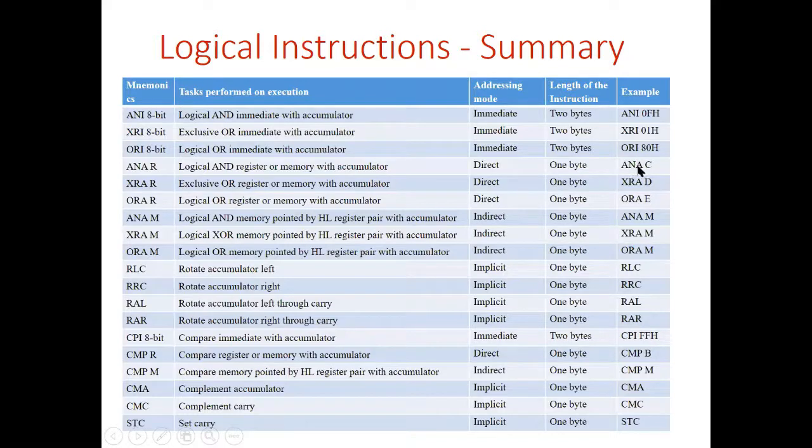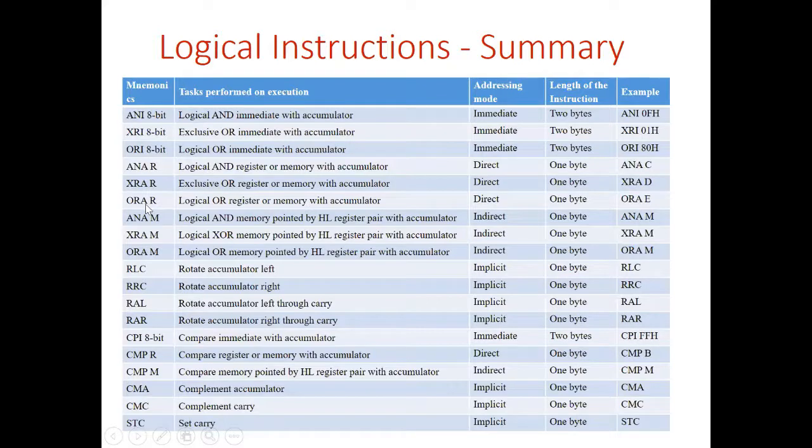If it is written as ANA D, then AND operation between accumulator or A register and the D register. And after performing the AND operation, the result will be automatically stored inside A register or in accumulator. So accumulator means A register. So every arithmetic and logical operation result will be stored inside the accumulator or A register.